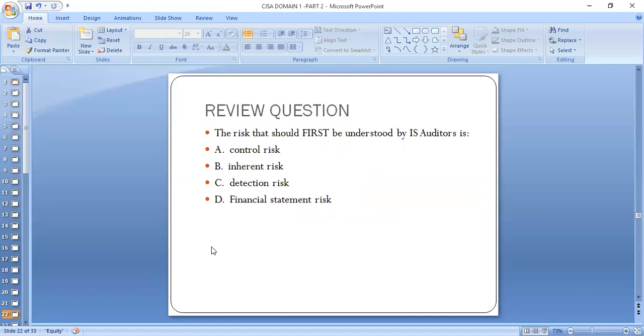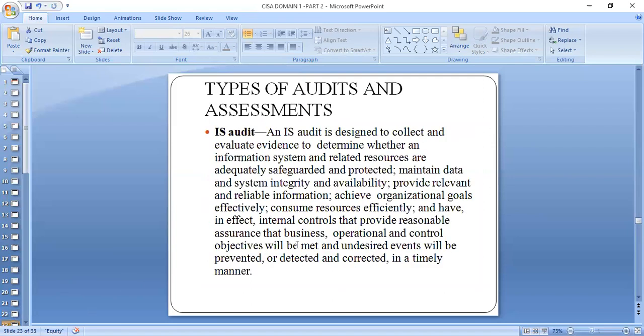The technology is complex, the business is fraud prone, there's a lot of cash on premises. That is inherent risk. So it takes understanding of the environment. You need to first understand the inherent risk to have a good understanding of what can go wrong in that business environment.